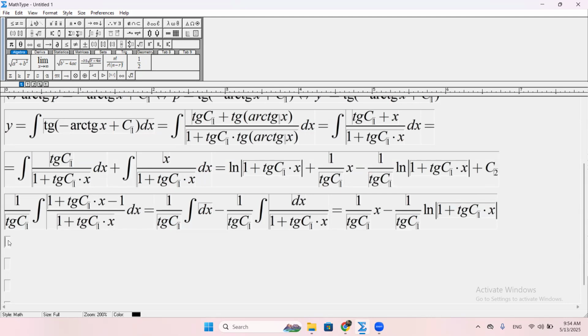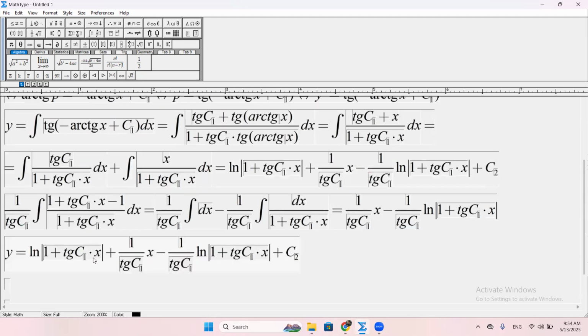Because we found the initial function that we had to find, so that's it. We also can simplify this logarithm a little bit, but I'm not really sure if we have to do it now. Leaving this equation in such a form is acceptable.